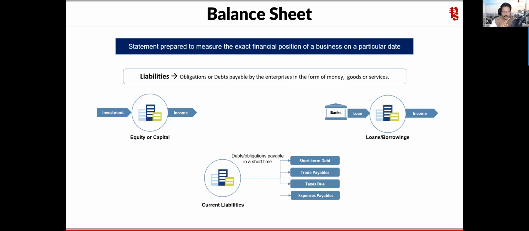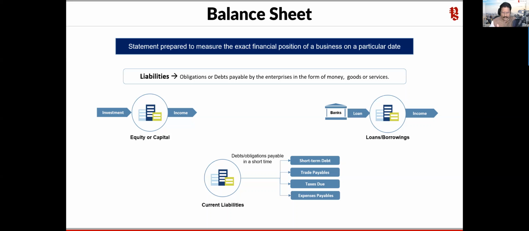When we get into the asset side of the balance sheet, we will also talk about current assets and how current assets and current liabilities impact the business's working capital. We will see that at a later point in time, right?